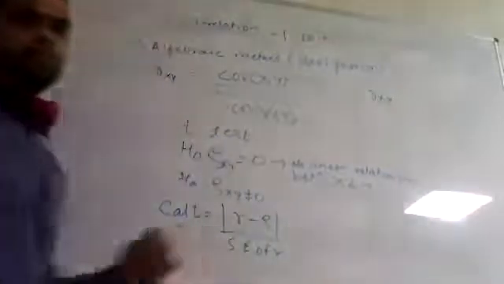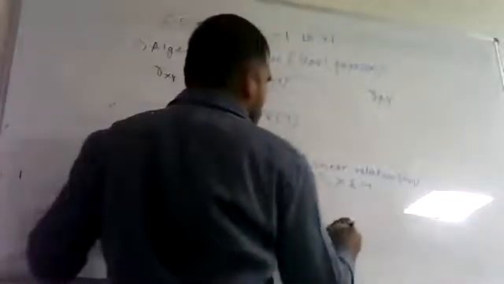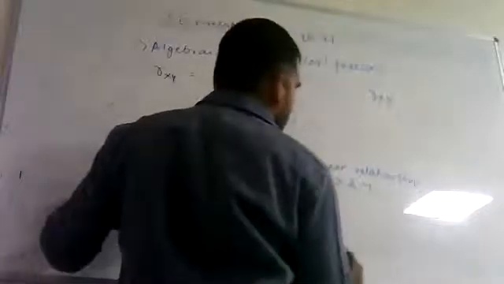Calculated t is calculated as r minus rho divided by standard error of r. Rho, we are assuming that rho is equal to 0. We have to test whether our assumption is correct or not. So we will put this 0 here, and our formula becomes modulus of r divided by standard error of r.